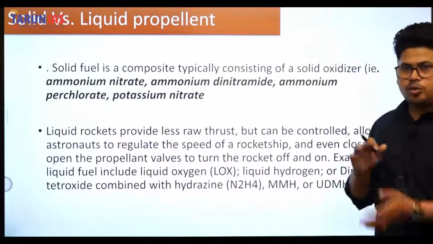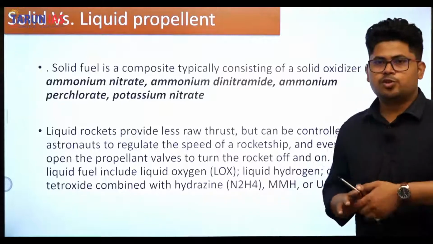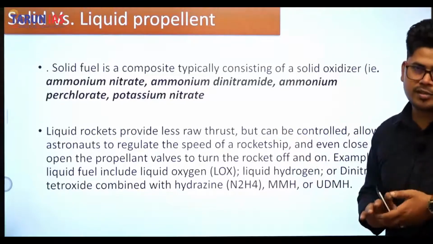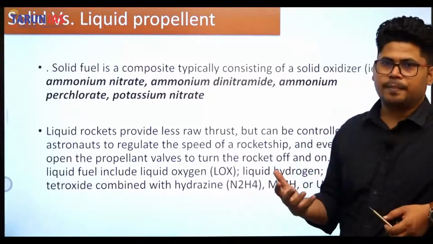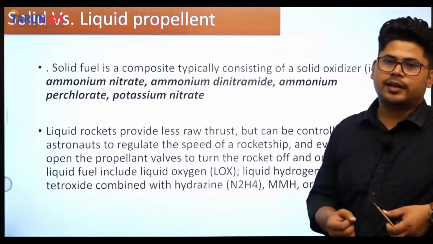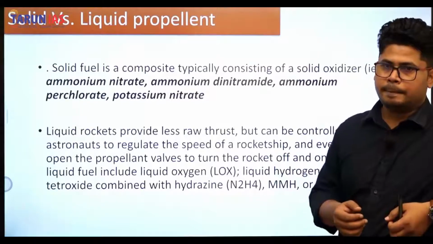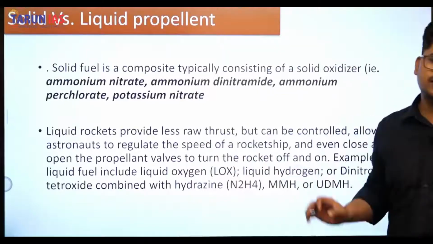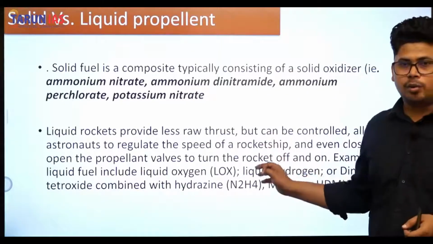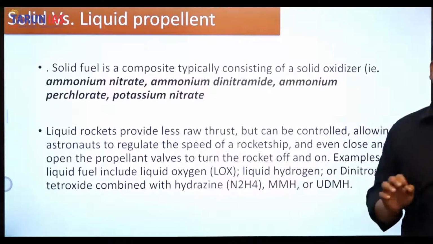To understand the difference further, solid fuel is a composite typically consisting of a solid oxidizer, which we need for both solid and liquid, and the basic chemical in solid form. Liquid rockets provide less raw thrust, this is important, but can be controlled, allowing astronauts to regulate the speed of a rocket ship.